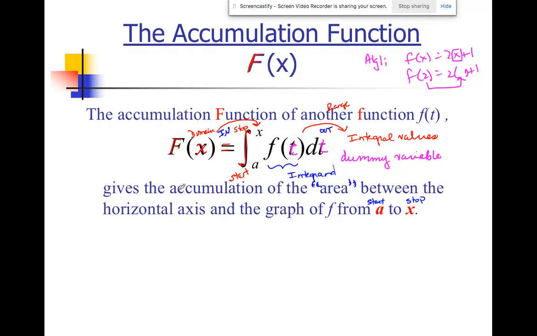Well, now if I tell you what is capital F of 2, you go across the equal sign and you look for an x and you put a 2 in for x. But that's why you can't have an x here or here, because you'd wonder, am I supposed to put the 2 there as well? No, you're not. Little f is the integrand. It is the graph that you are doing the integral under.